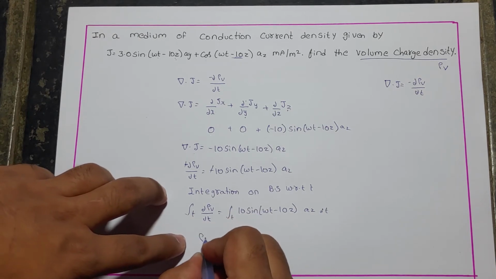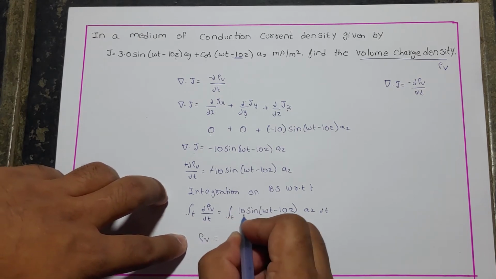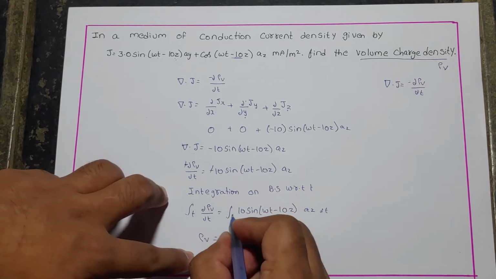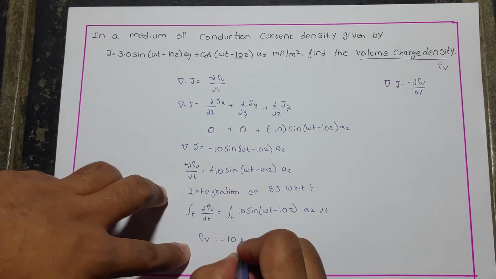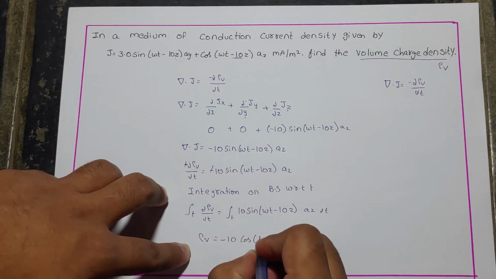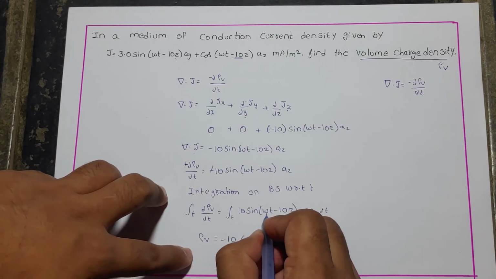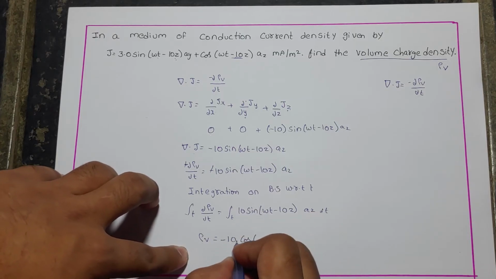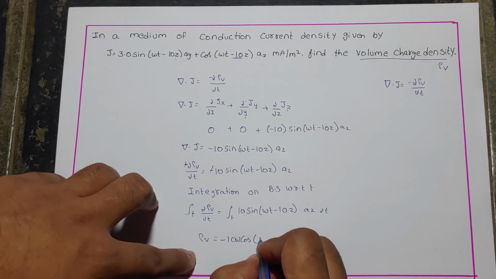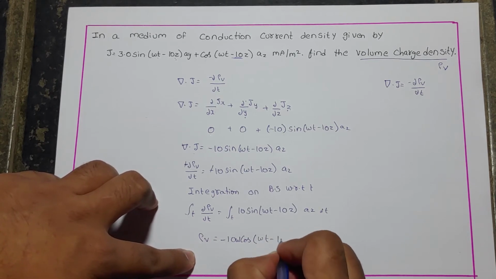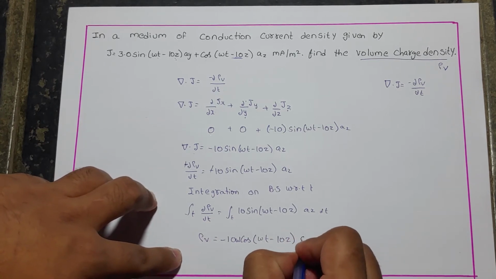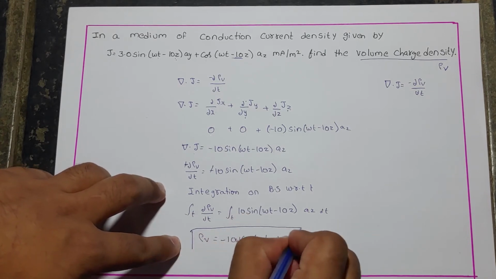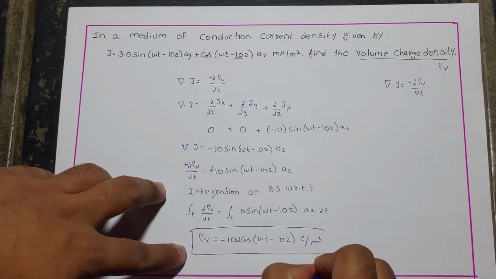This gives rho v, where 10 is constant, and integration of sine would result in minus cos, with respect to t, here the constant is omega, so omega would come out: 10 by omega cos of omega t minus 10z in coulomb per meter cube, as it is volume charge density.